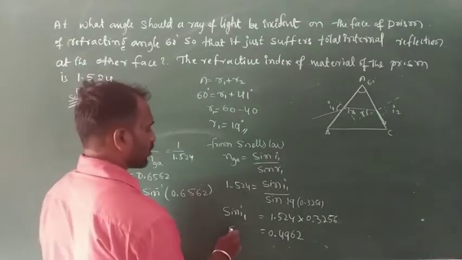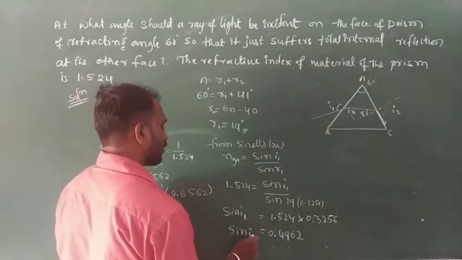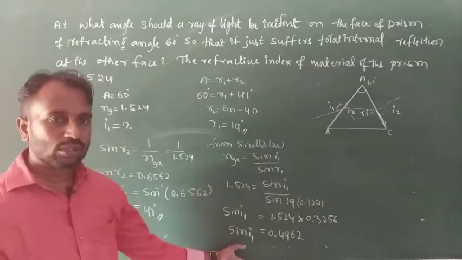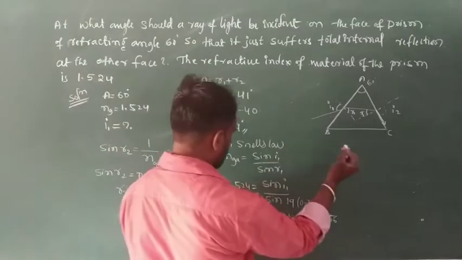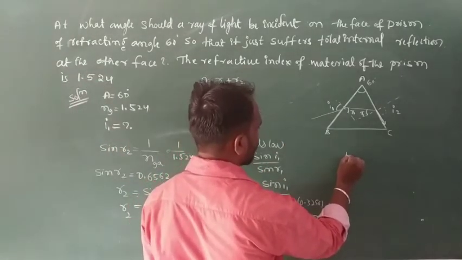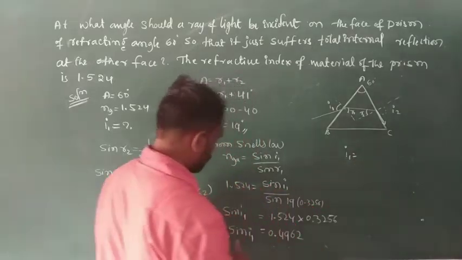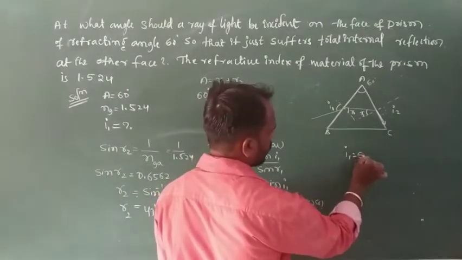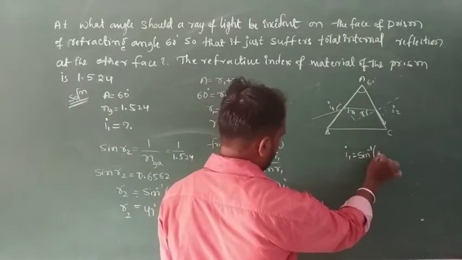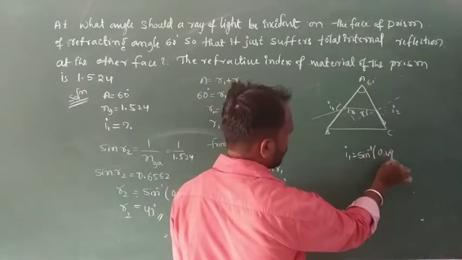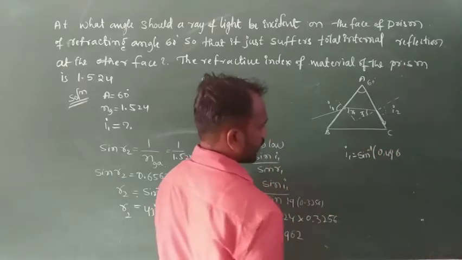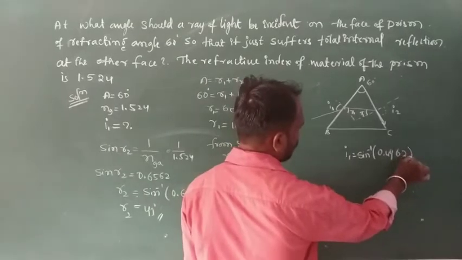So this one is sin I1. We want to find out the I1 value, the angle of incidence. So I1 is equal to sin inverse of 0.4962.